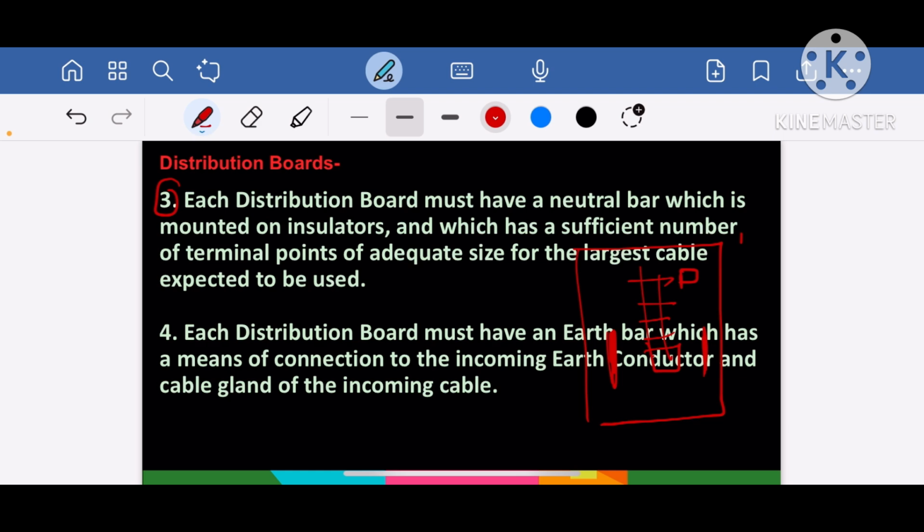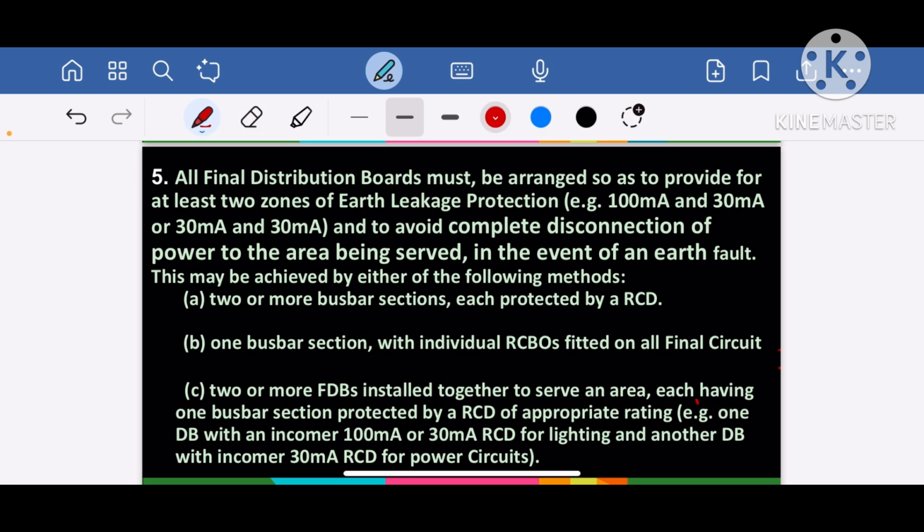This earth link should have provision for earthing of all outgoing loads, as well as the incoming cable earthing, and it should have provision for the gland earth also. I hope you are clear with this point. Now let us move to the other point.